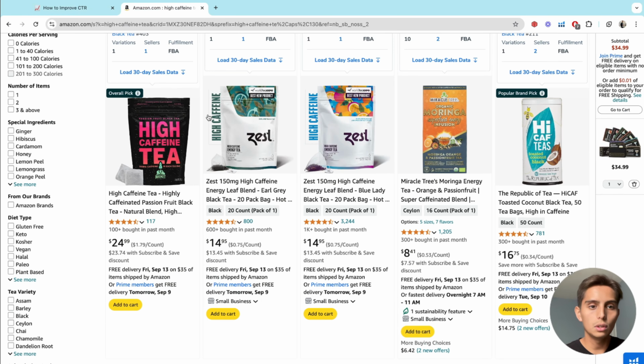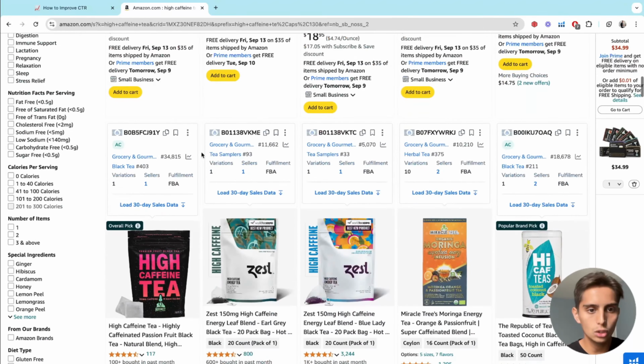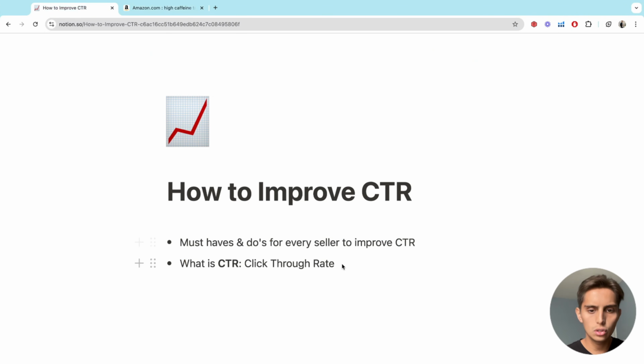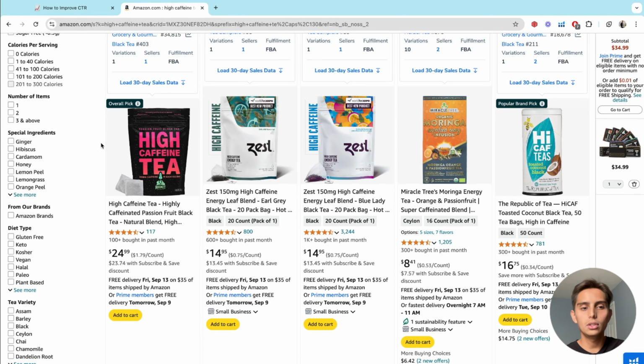Right out of the gate, the very first thing you need to do, and I could just list them here, is the main image. As easy as that. This is a rule of thumb on Amazon.